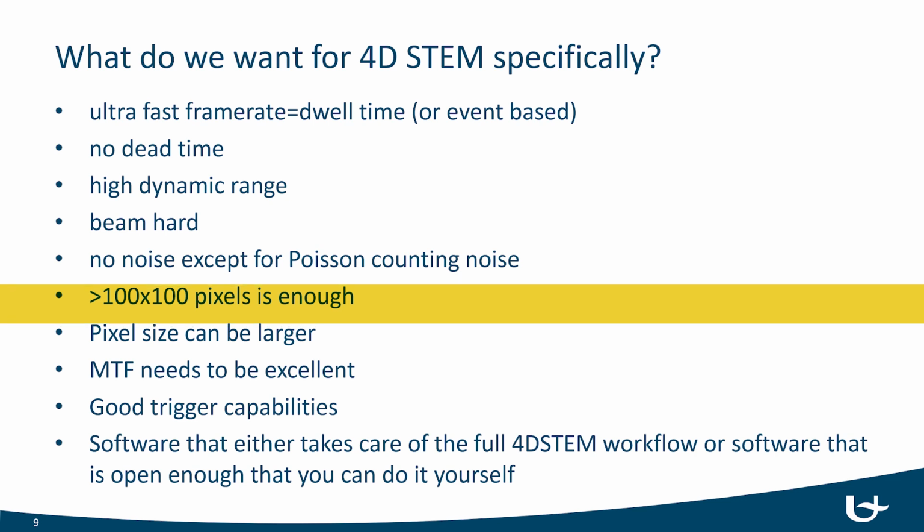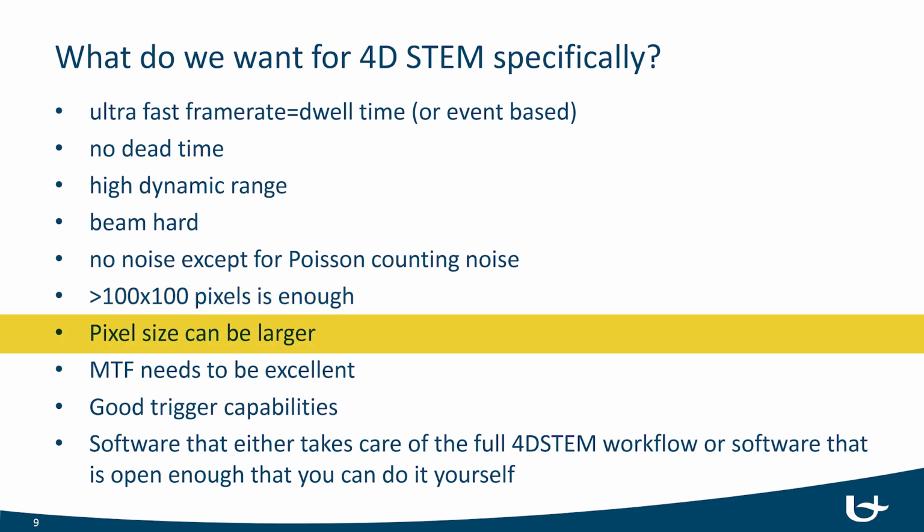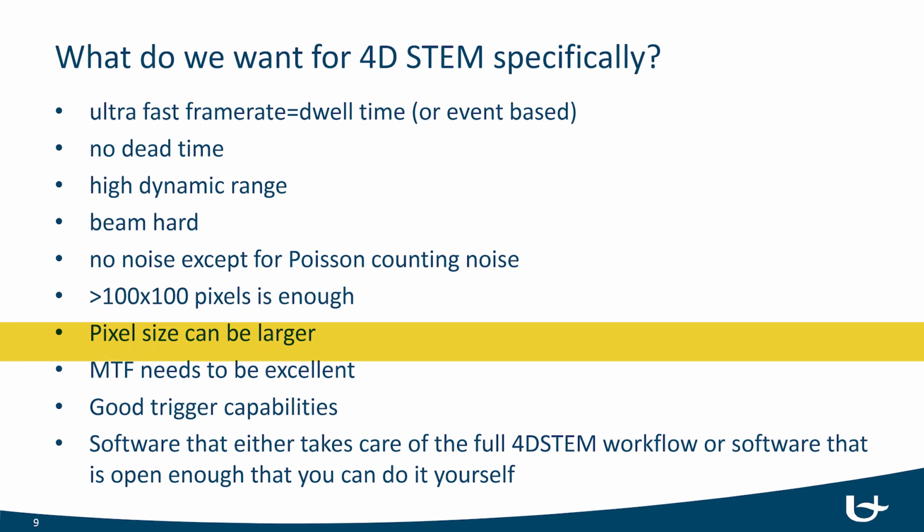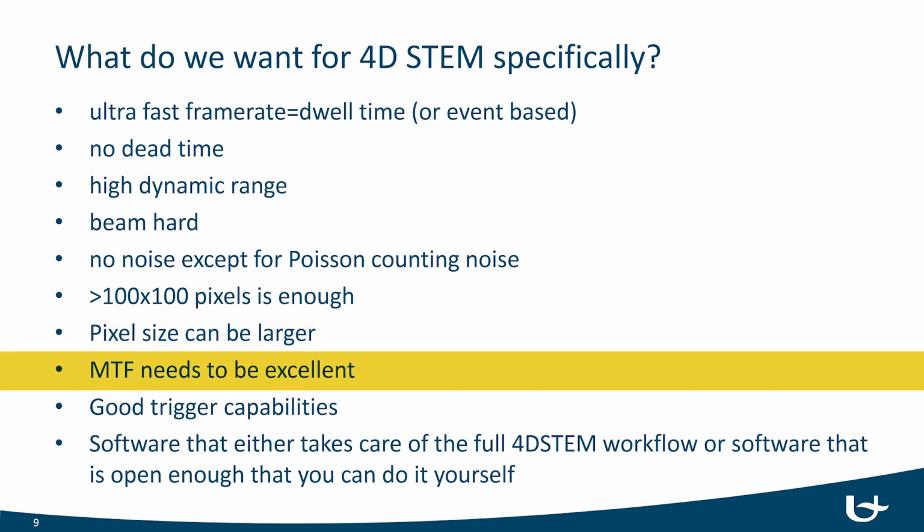That also means the pixel size can be fairly large, because you still will have a camera of, let's say, a few centimeters by a few centimeters. So if you only need 100 by 100 pixels, you can have fairly large pixel sizes. And that helps with the modulation transfer function. That will make the sideways motion of the electrons hitting the detector not too bad. And that means you will benefit from a great modulation transfer function.